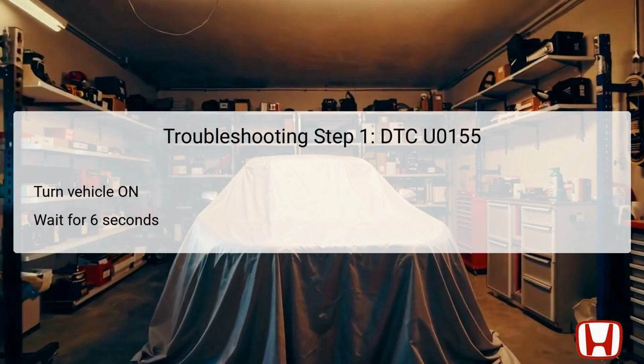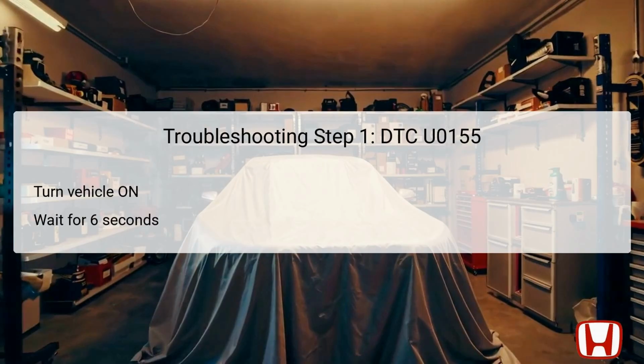The first step in troubleshooting DTC U0155 focuses on establishing if the communication issue persists. Begin by turning the vehicle's ignition to the on position, ensuring that all systems are powered up. After switching to on, it is crucial to wait for exactly 6 seconds.